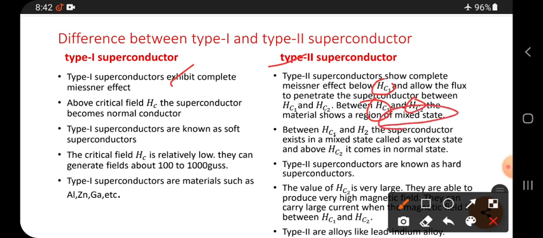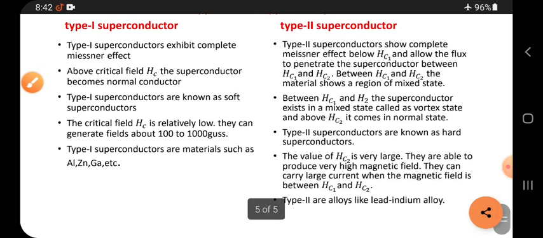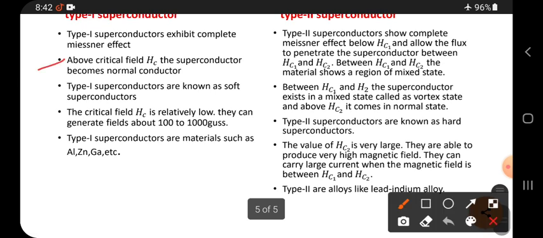That means a part of the lines of force passes through the superconductor. That is the meaning of mixed state. Above the critical field Hc2, the superconductor is completely converted into a normal conductor.